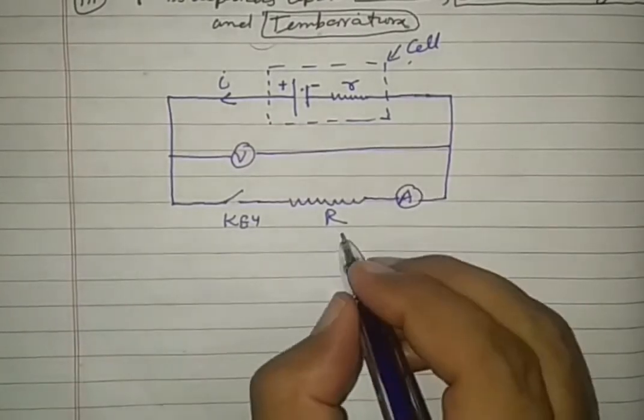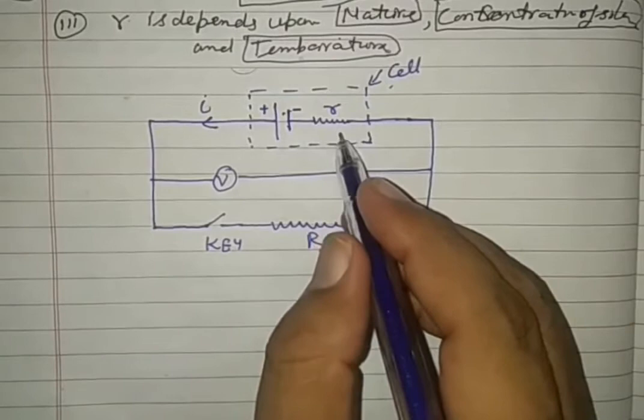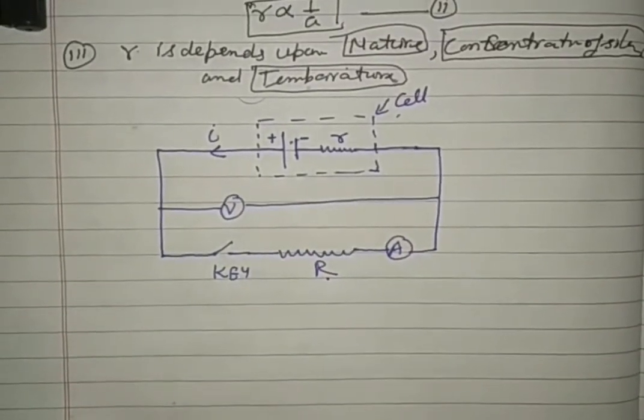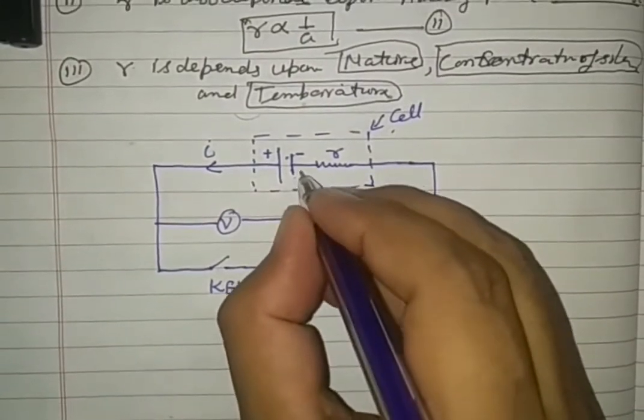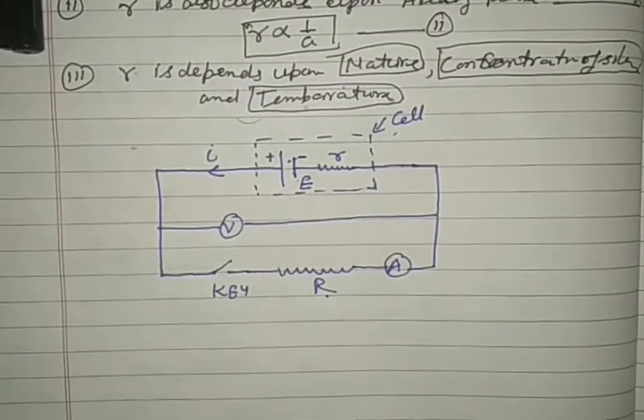Now see, capital R denotes external resistance in the circuit, small r denotes internal resistance, I is the current and V is the potential difference, right? And capital E denotes the EMF of a cell.